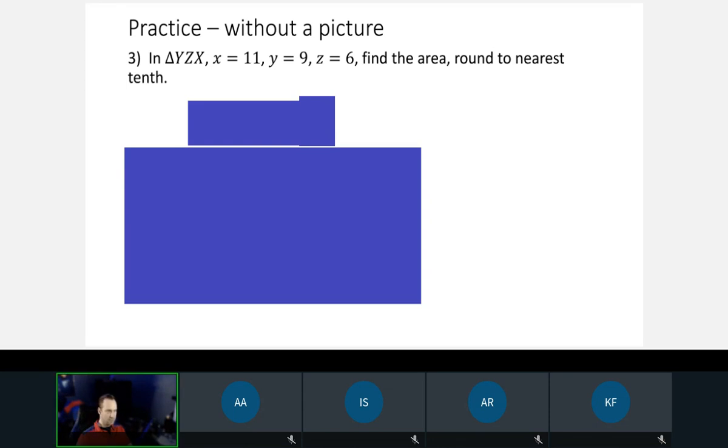All right, when you are done, give me a happy face. Keep working, keep working. I really want everyone to have a chance to finish this problem up before we talk about it.